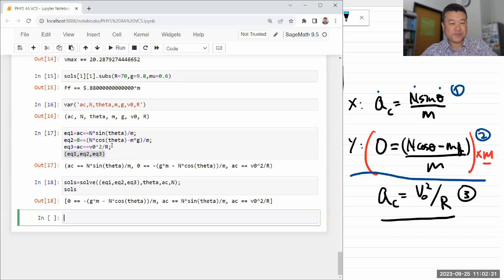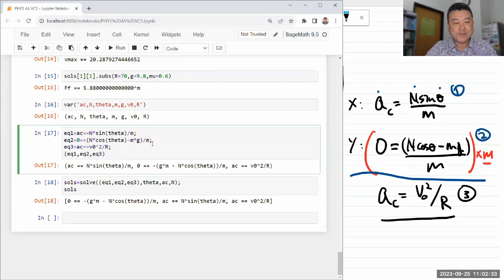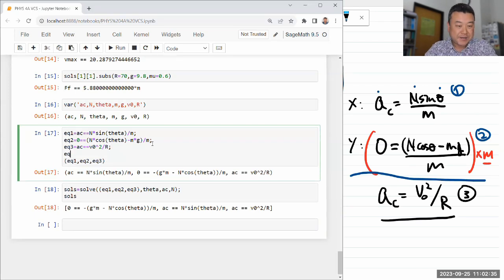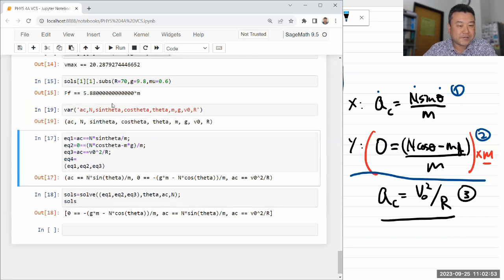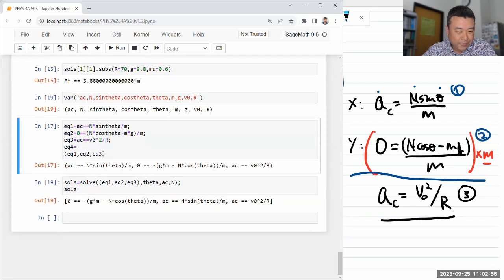I think the way to do it is to turn this into a system of 4 equations, to give it some details of that trig structure. So I'll tell it: solve for sine theta and cosine theta, which will be other symbols. At this point, I'm probably doing more work to get SageMath to do this than I should.